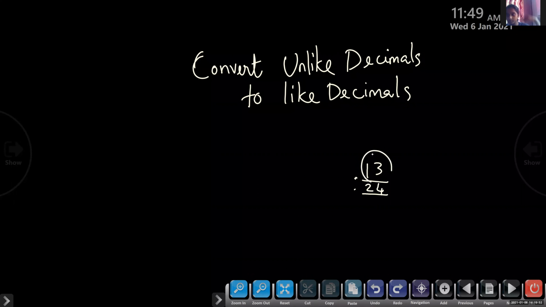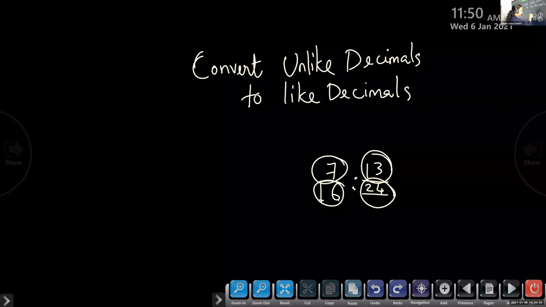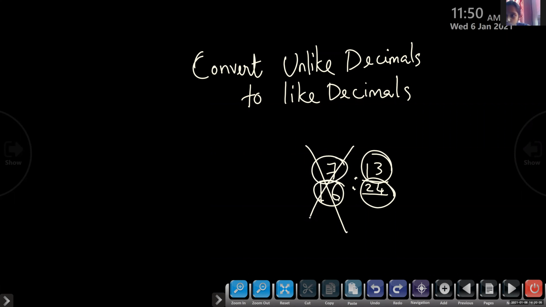Here we have 2 decimal places. Here also we have 2 decimals. We are not counting the number before the decimal point. We will check only the numbers after the decimal point.